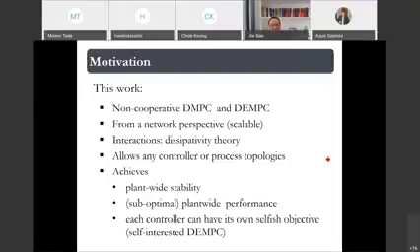And our approach would allow arbitrary controller and process topologies, and that achieves plant-wide stability and suboptimal plant-wide performance. And later on, we extend it to achieve optimal plant-wide performance as well. Each controller can have its own selfish objective, so this is called self-interested DMPC, or they can optimize the plant-wide performance.